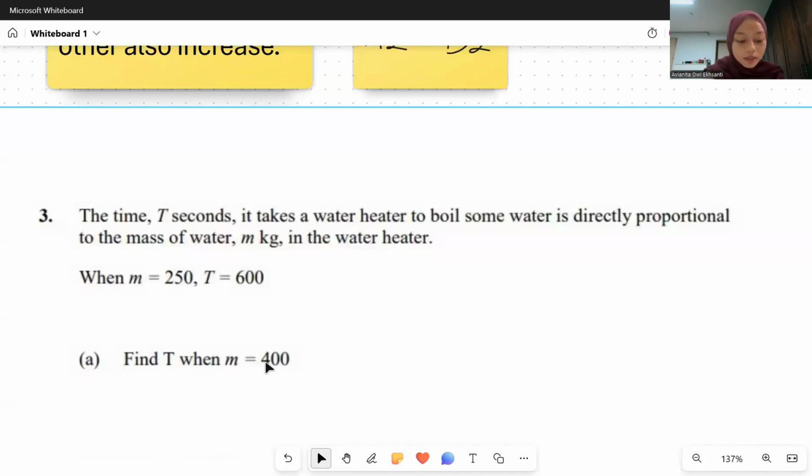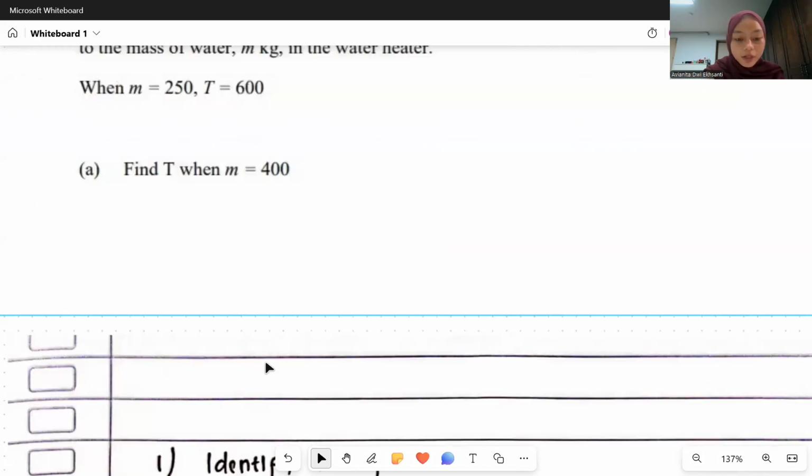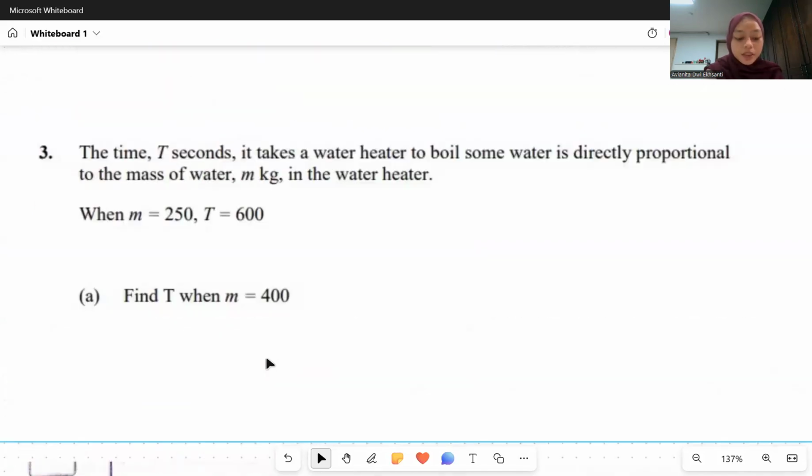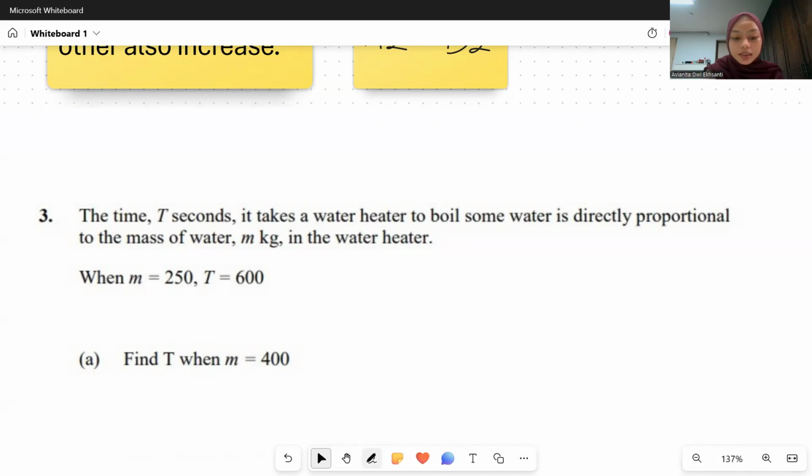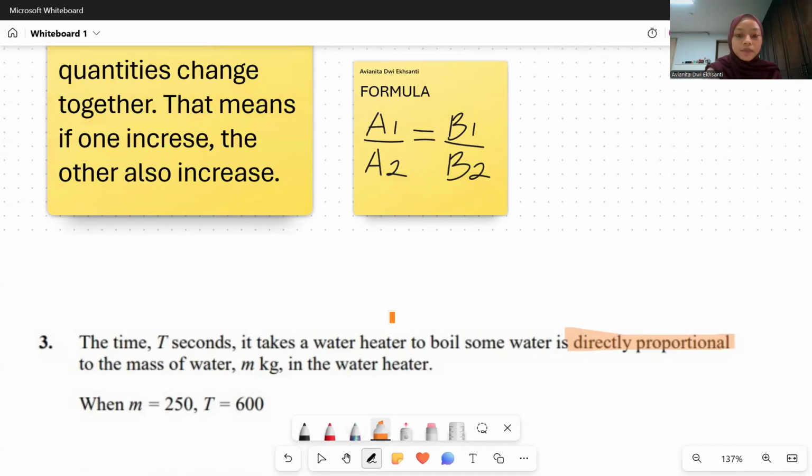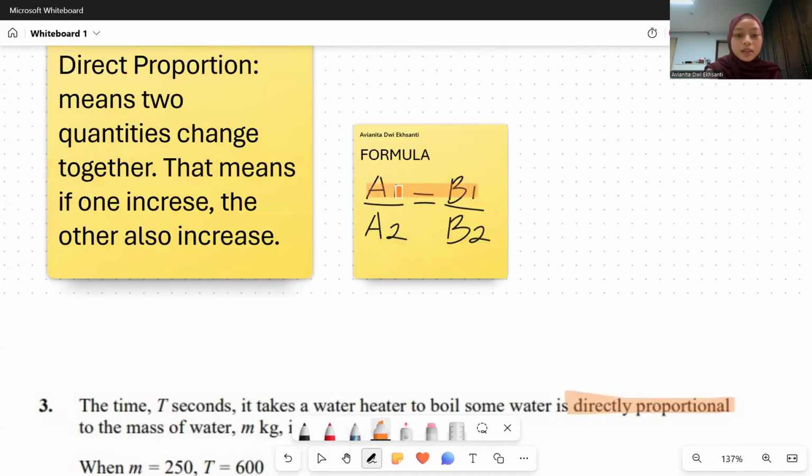First step, we identify the problem. Because the question already says directly proportional, we must use the formula for direct proportion. It is A1 over A2 equals B1 over B2.